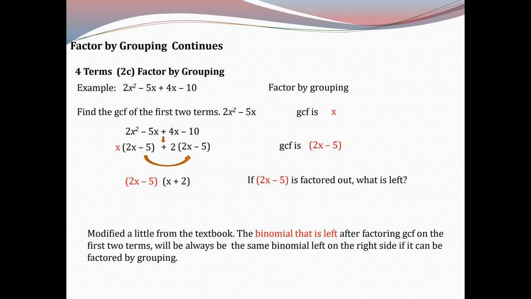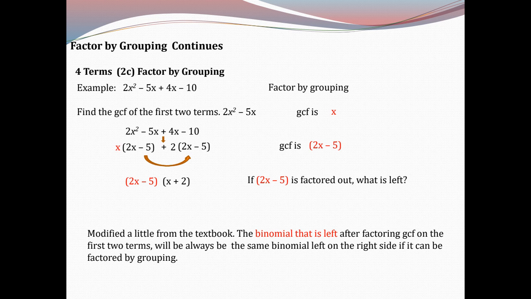We use factoring by grouping to separate into two groups. When we separated them into two groups, it allowed us to factor the GCF on both, and that result gave us the GCF for all 4. So we were able to factor out the 2x minus 5, and we just multiplied what's left. So again, this is a way to factor. In a sense, we're breaking it into pieces.